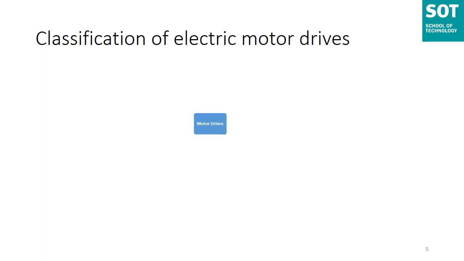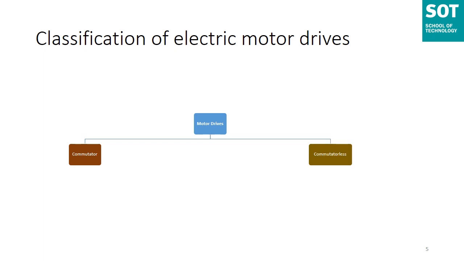Now, the figure here shows the classification of electric motor drives for EV and HEV applications. Motor drives are classified as commutator and commutatorless drives. Commutator motors are mainly our traditional DC motors, which include series excited, shunt excited, compound excited, separately excited, and permanent magnet excited motors.